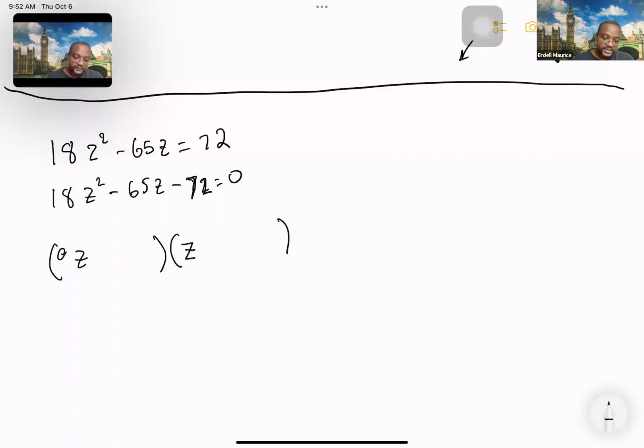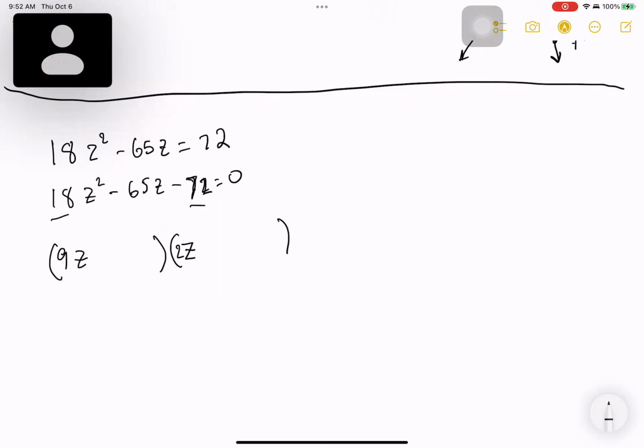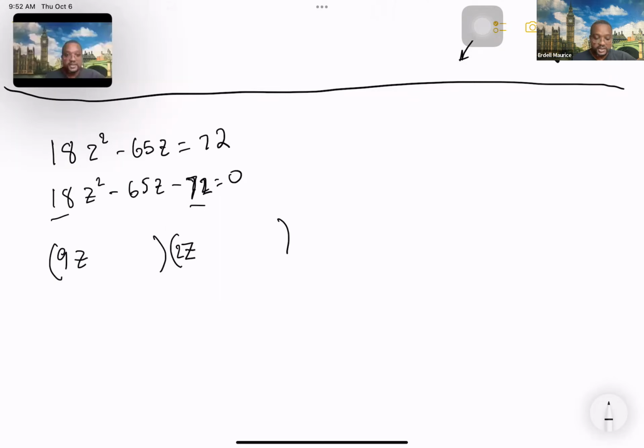I'm just going to guess for now 9 and 2, because 9 and 2 multiply to give me 18, correct? And then 72, I'm going to split that up. 8 and 9, I think, multiply to give me 72. So I'm going to put, again just guessing, 9 and 8.